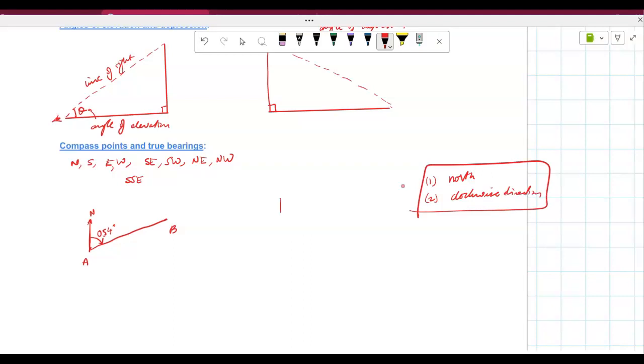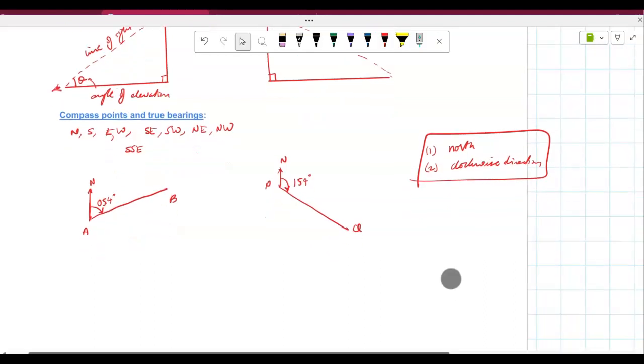If you have points P and Q, and north, what is the bearing of Q from P? You look at this angle. So this angle would be how much? Let's say 154 degrees. I'm just taking any random value.